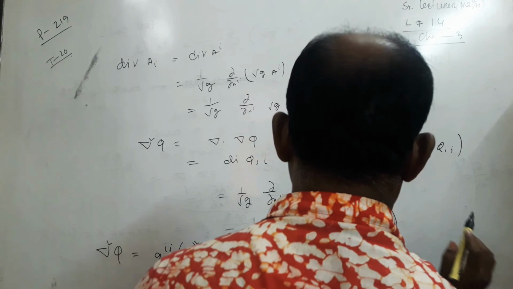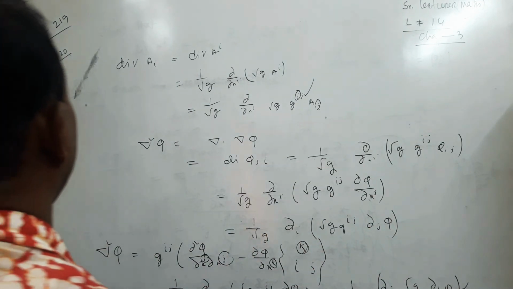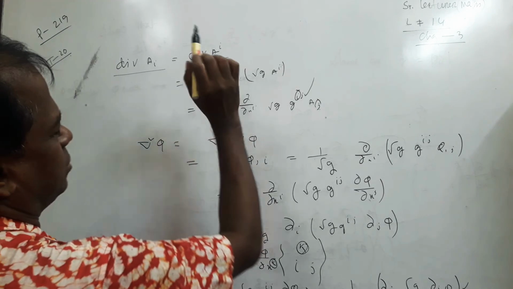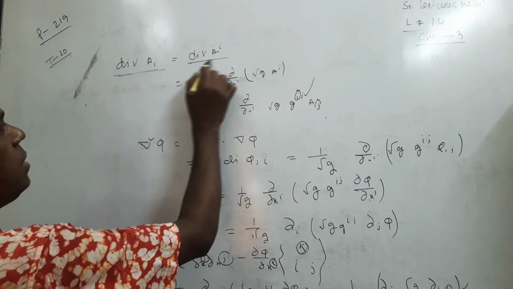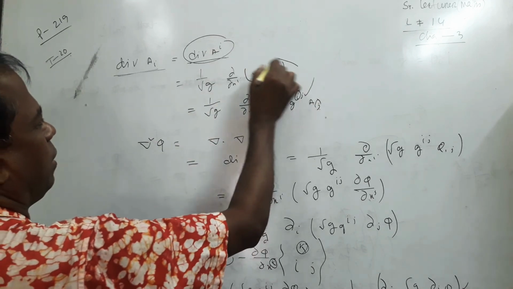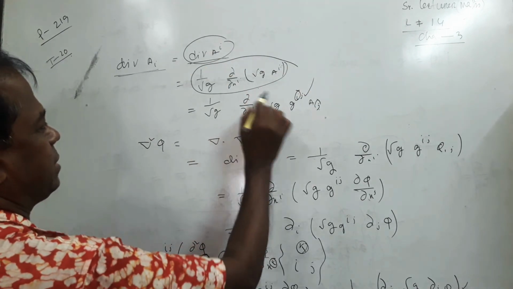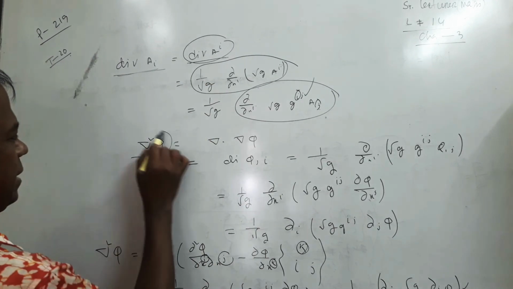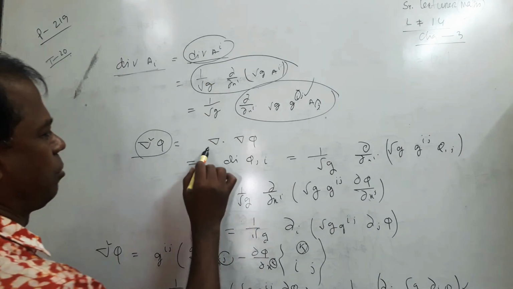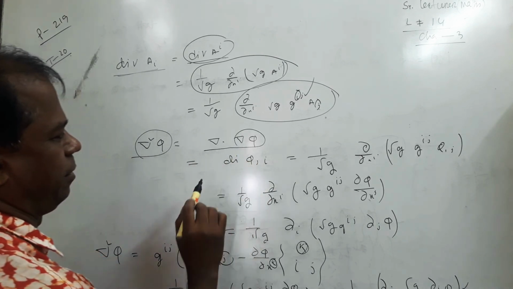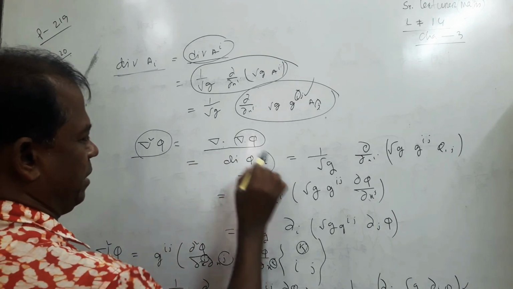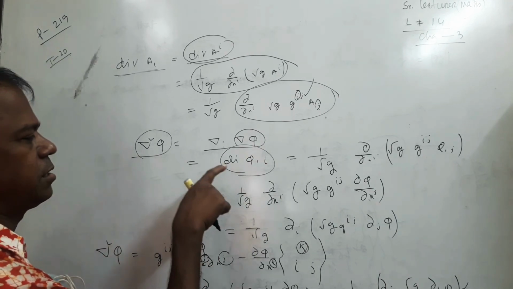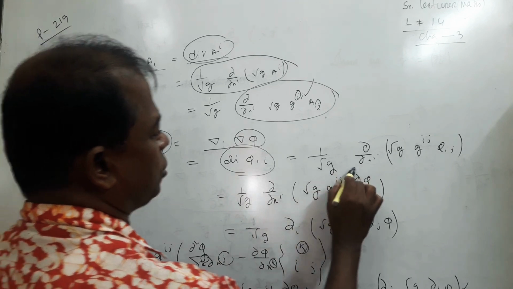Okay, thank you very much. It's also firstly the divergence of A^i, that's equal to the divergence of A^i. That's the formula, and it's applicable. Laplacian of phi equals the divergence of del phi. The divergence of del phi, that means it's also tensor analysis applicable.